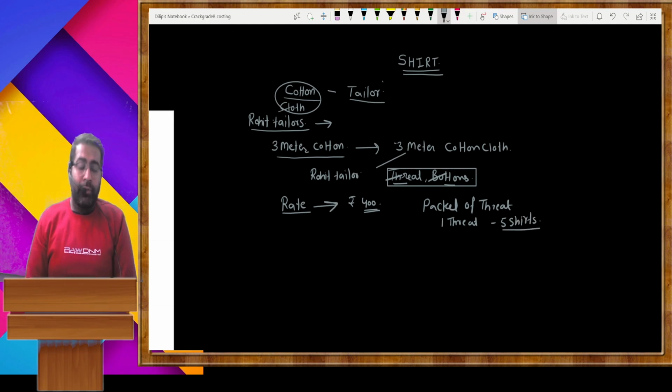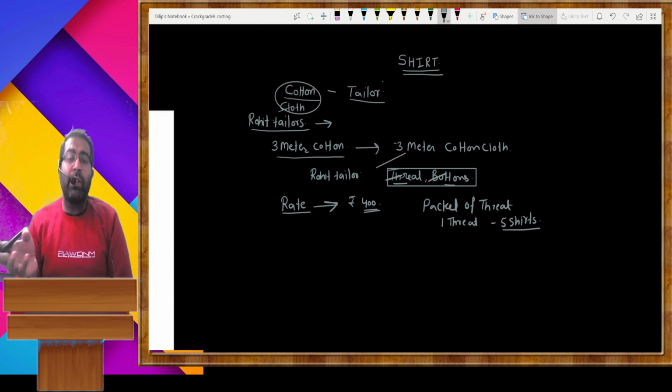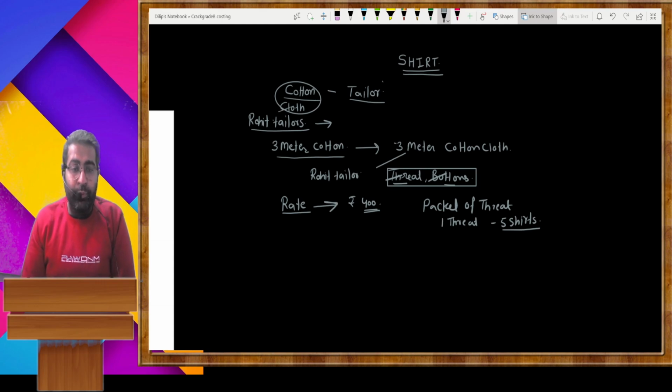Now tell me a thing. If a tailor is unable to tell you how much thread is needed before stitching the shirt, it means it is not easily estimated.